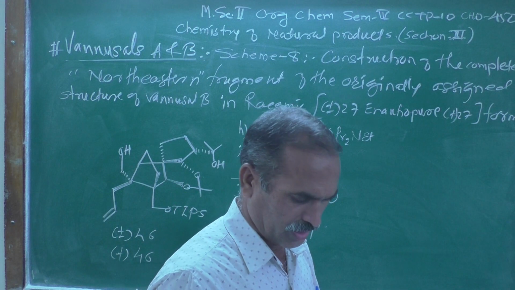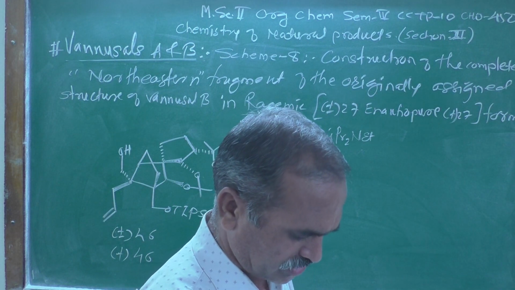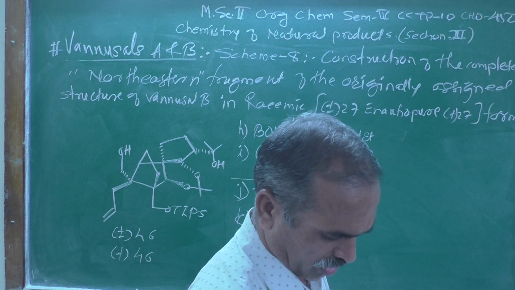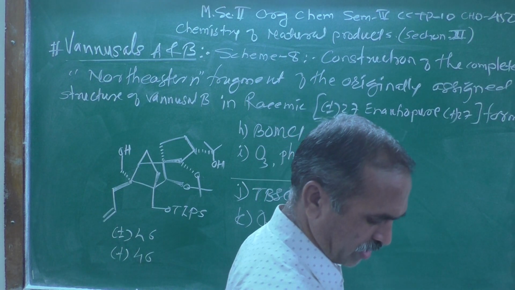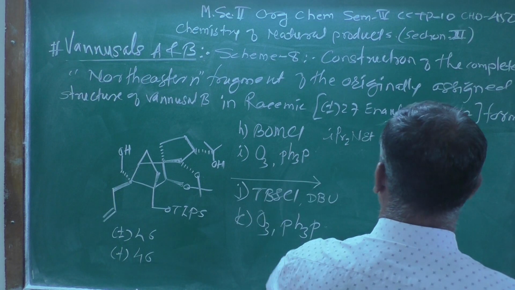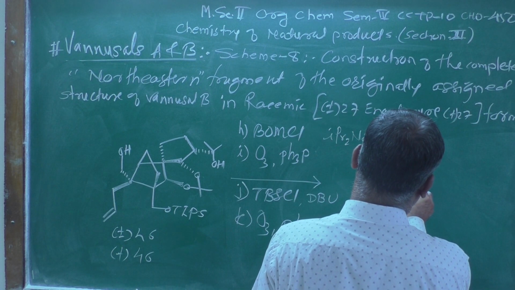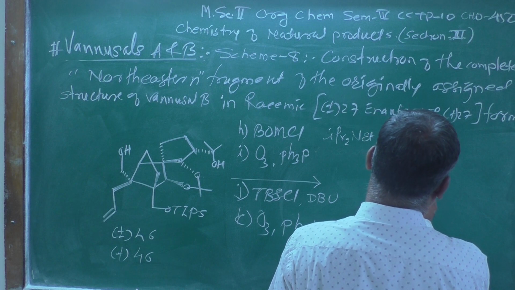You are going to get the structure number 27, which I am showing over here. So, after the addition of all these reagents, you are going to get the structure.